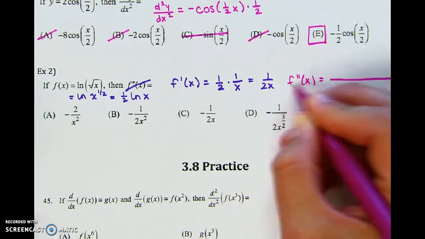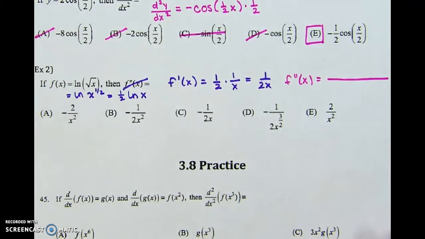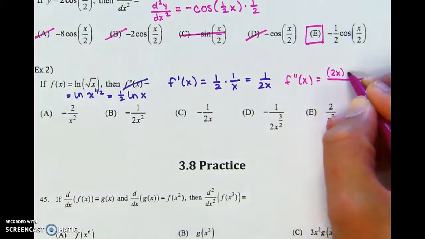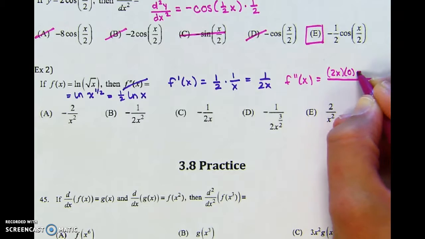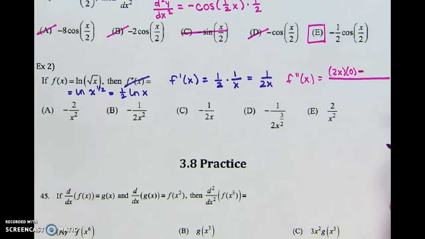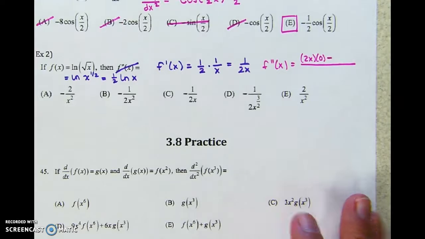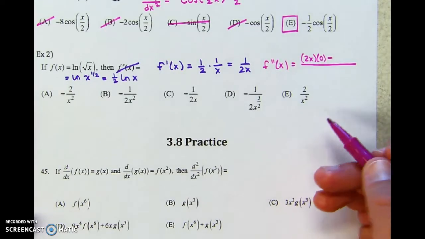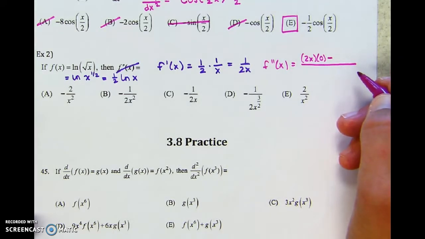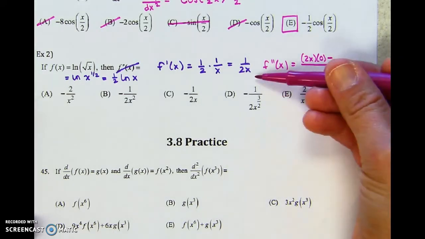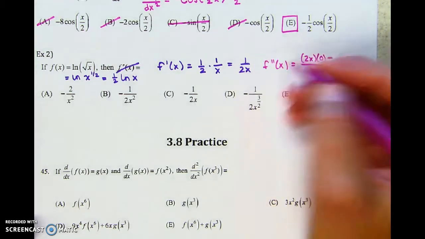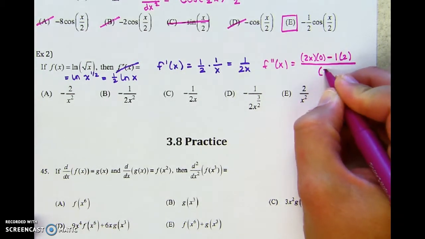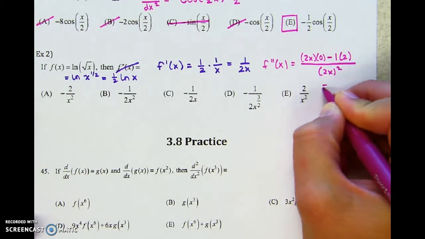Quotient rule, because I know the derivative of 1 is 0, so that will go away. Ready? Low d high, derivative of 1, 0, minus, don't forget that minus, that'd probably be a wrong answer with a wrong minus sign. Low d high, minus high d low, derivative of 2x is 2, all over 2x squared.